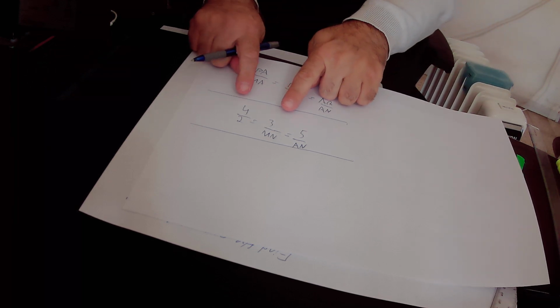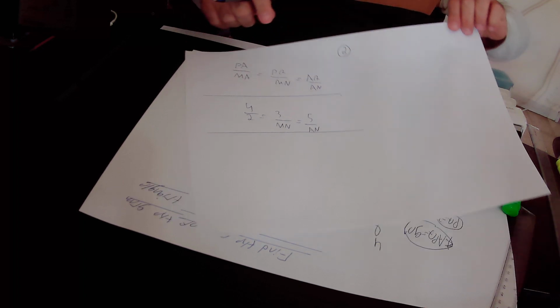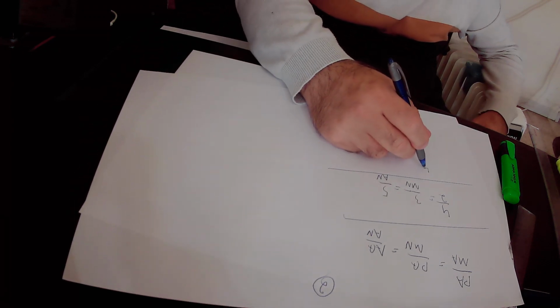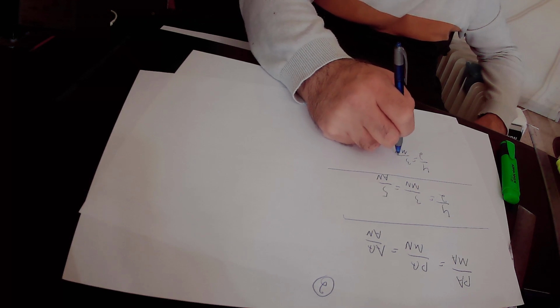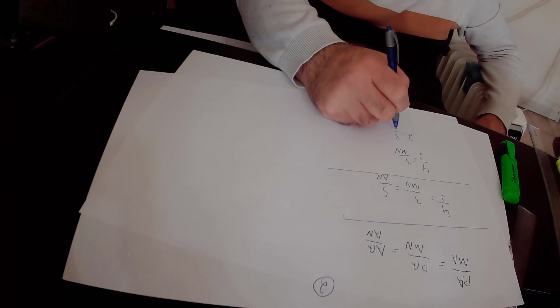From this equation, we conclude that 4 over 2 equals 3 over MN. 4 over 2 is 2, and it is equal to 3 over MN.